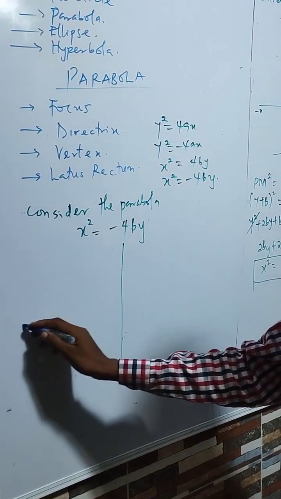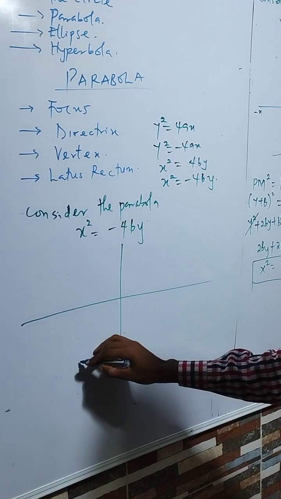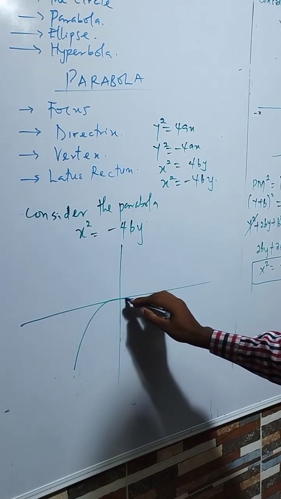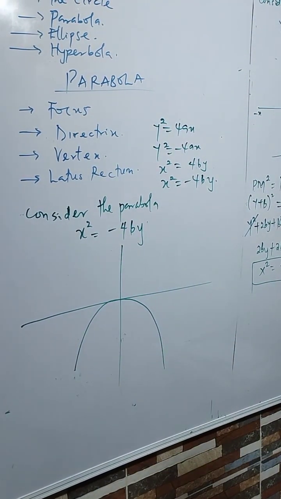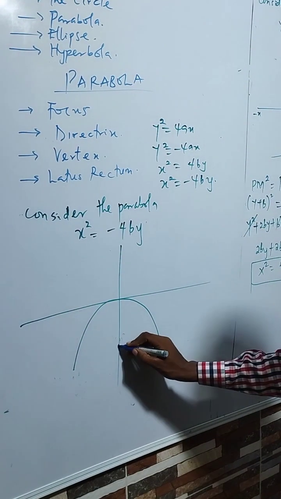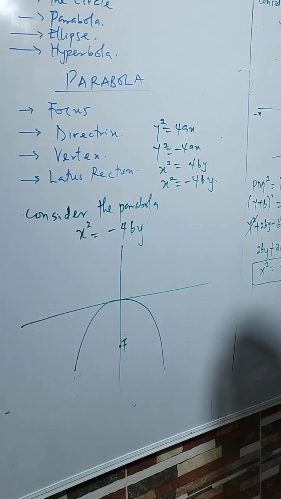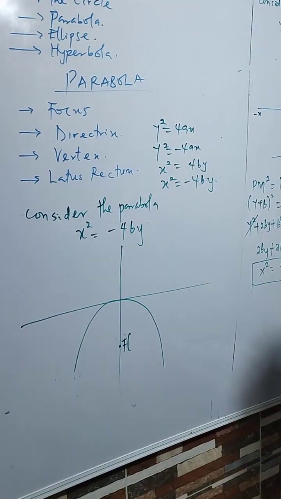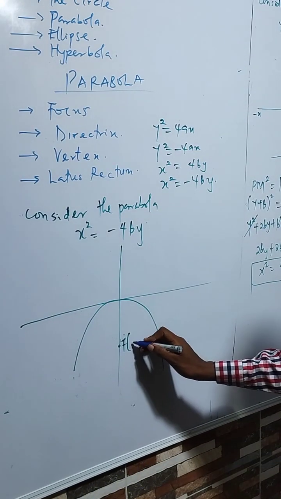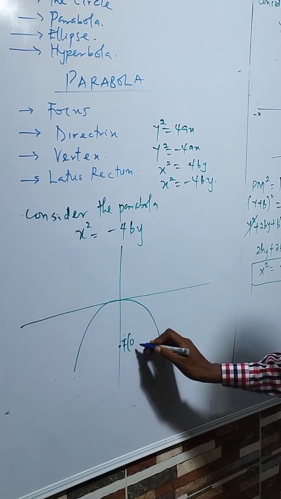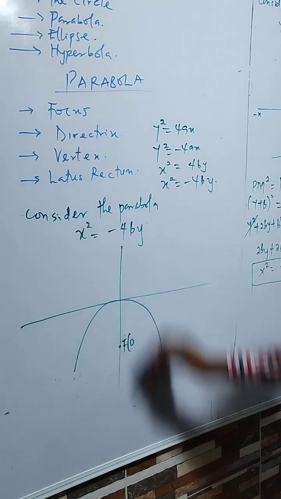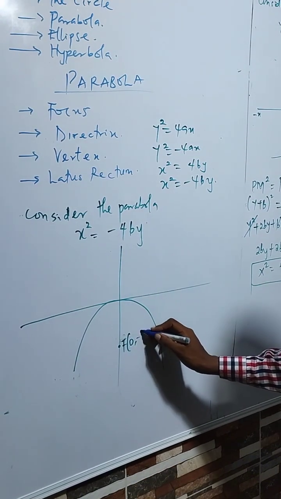So I'm going to draw the curve out this way. I'm going to have a curve showing this, and at this point I have a focus here. I have my F, which is 0 because x is 0 here, comma, minus b.